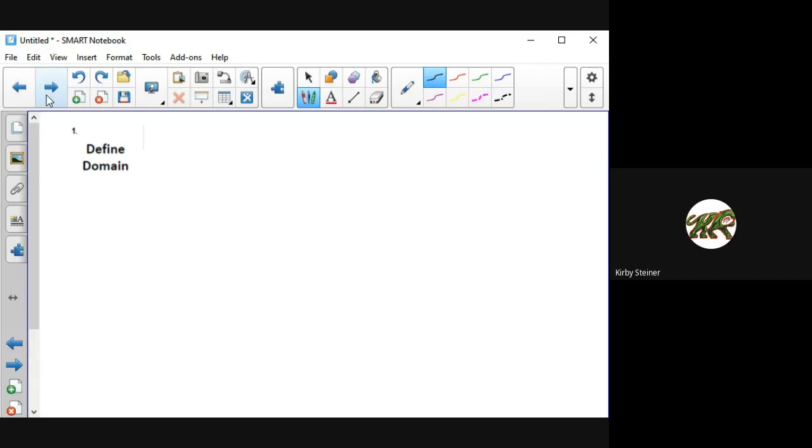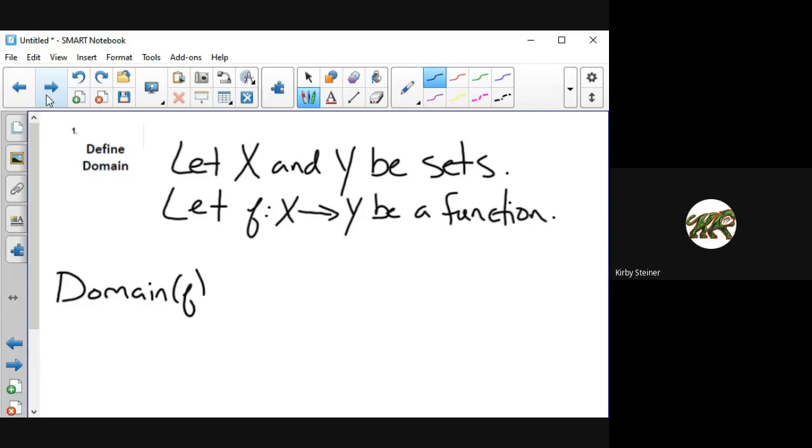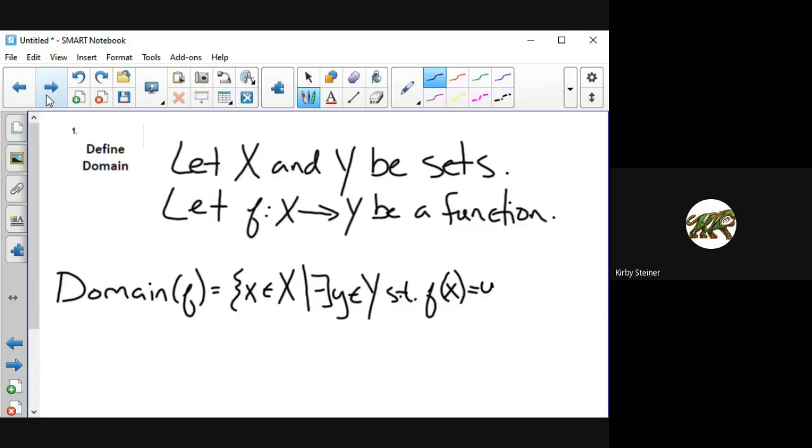The formal definition for domain is as follows.